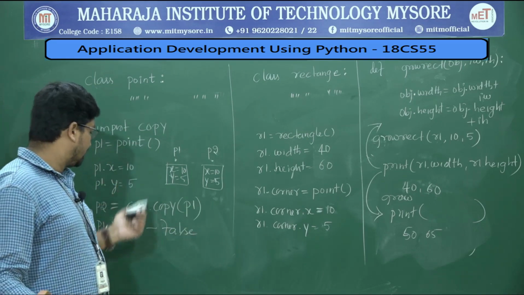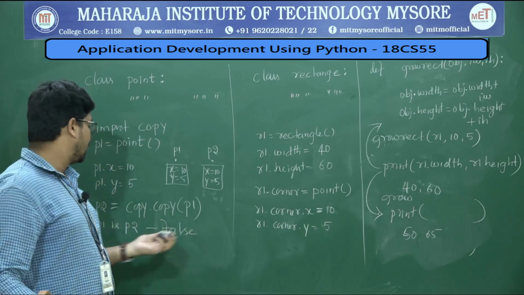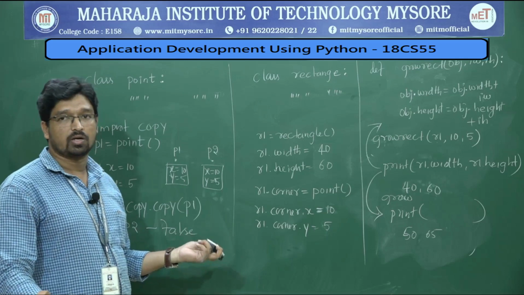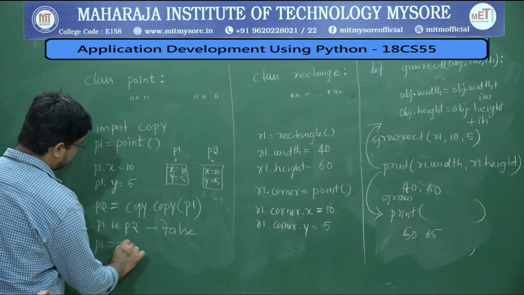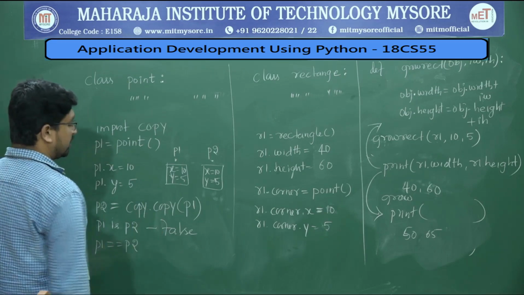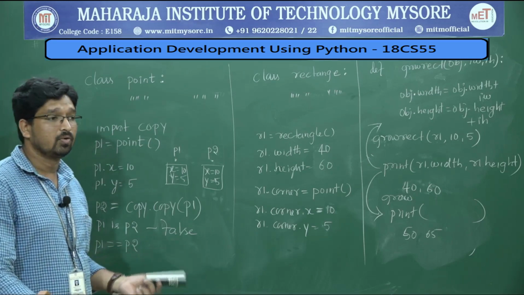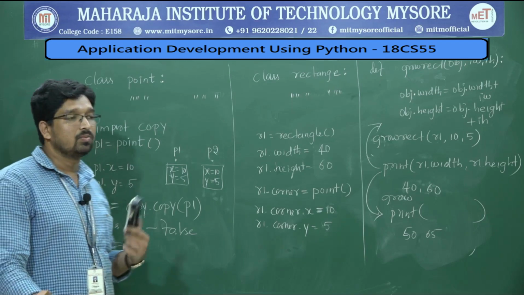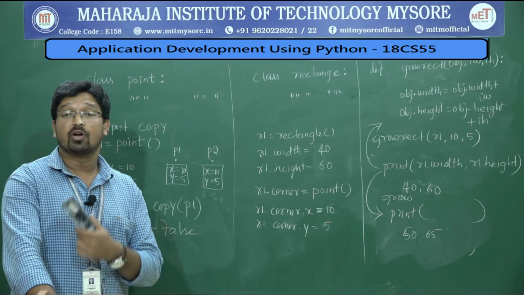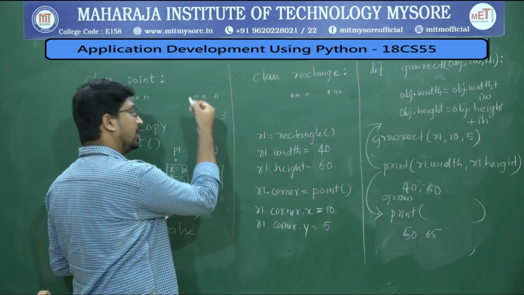P1 object is P2 object, is P1 a P2? Then we will say false, it is a false result. There is one more check, whether P1 is equal to P2. Will you get true as a result? No, again. So here double equals behaves in a different way for objects. When I write whether 3 is equal to 3, it works.